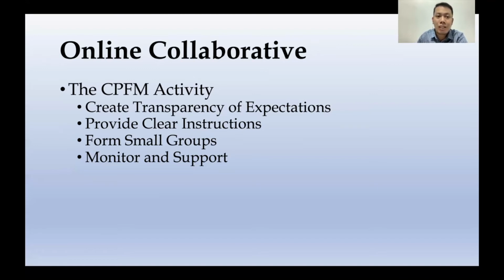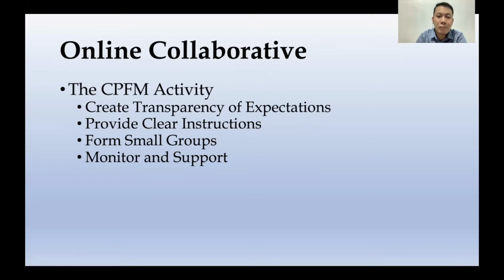Under online collaborative, we have the CPFM, and the first step that you should do is to create transparency of expectations. Expectations mean that you have to set the objectives that the activity should attain.